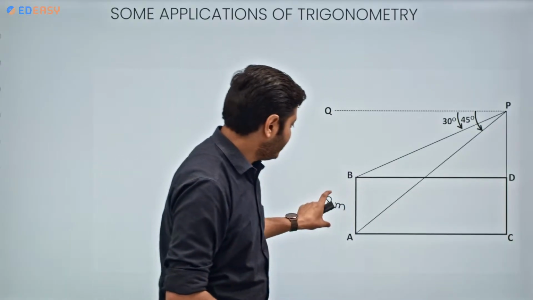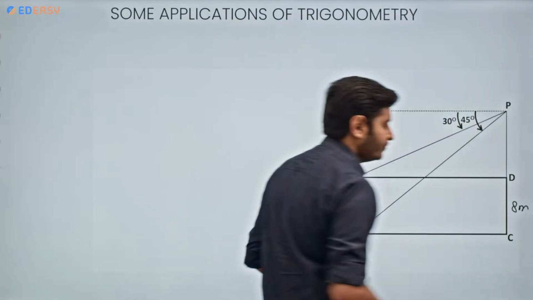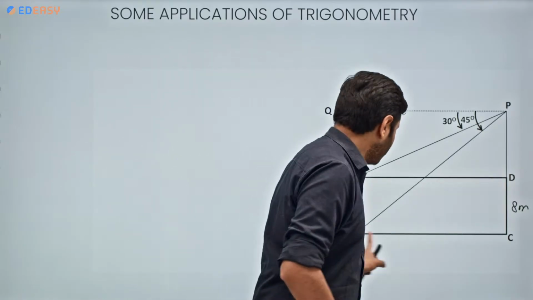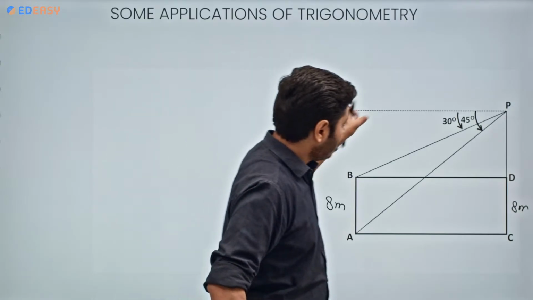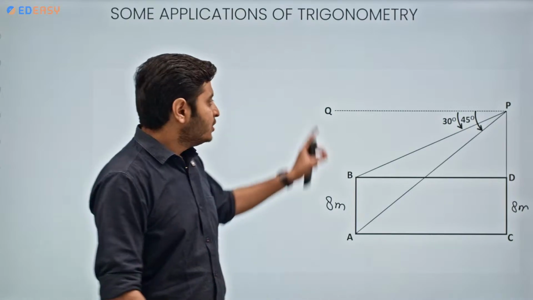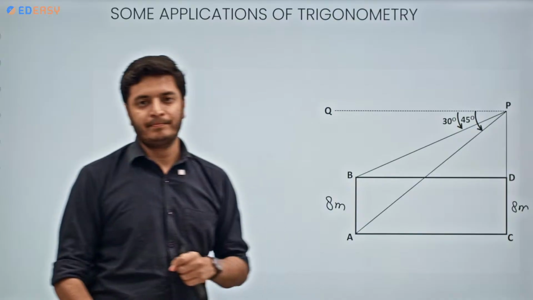Equal. So if it is 8 meters, then DC is also 8 meters. One thing: also, BD and AC are parallel. We know that the horizontal level is always parallel to the ground level. So PQ is also parallel to BD.